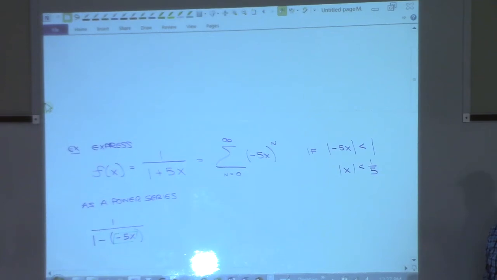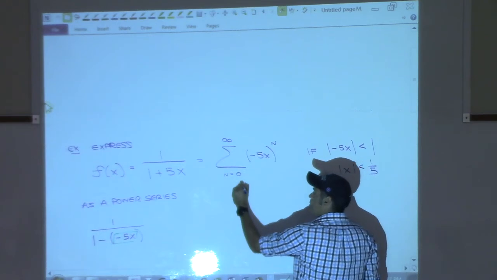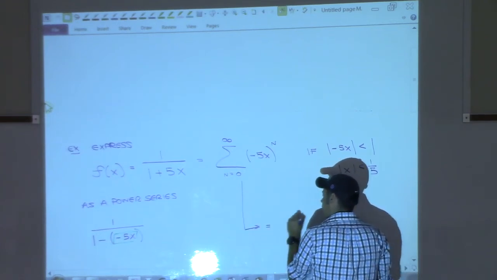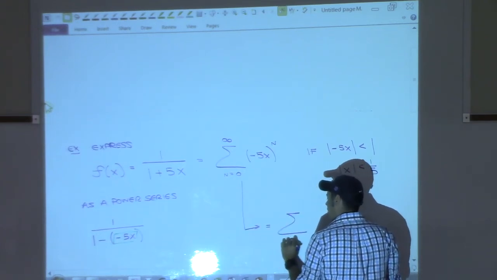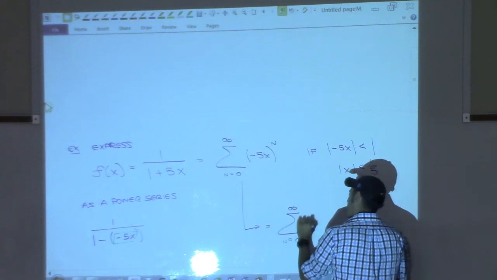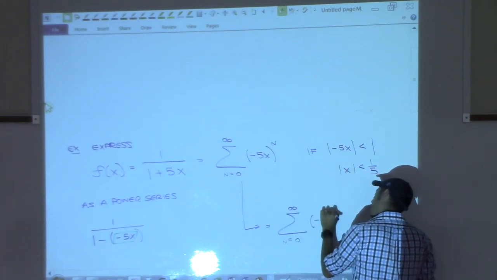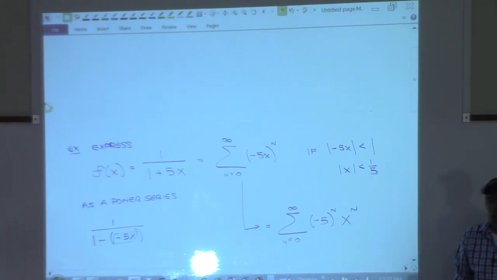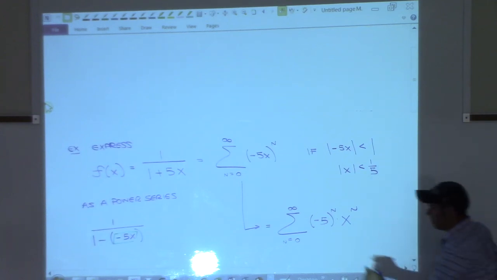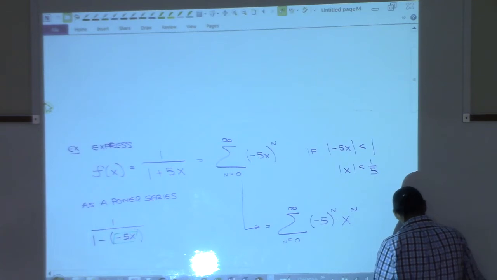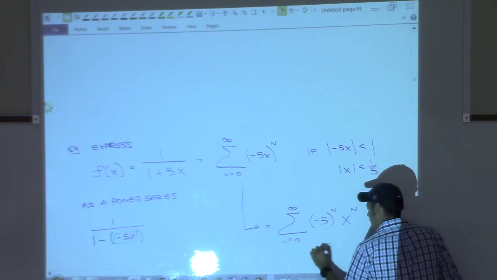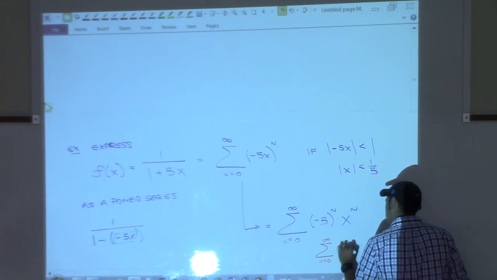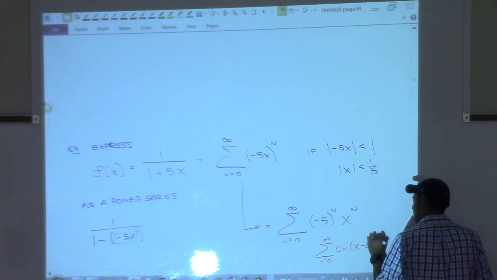Okay? Now, this is a power series. I'm going to rewrite it, try and get it in the standard form. So I'm trying to make that power series look like the sum from n equals 0 to infinity of c sub n times (x minus a) to the n.